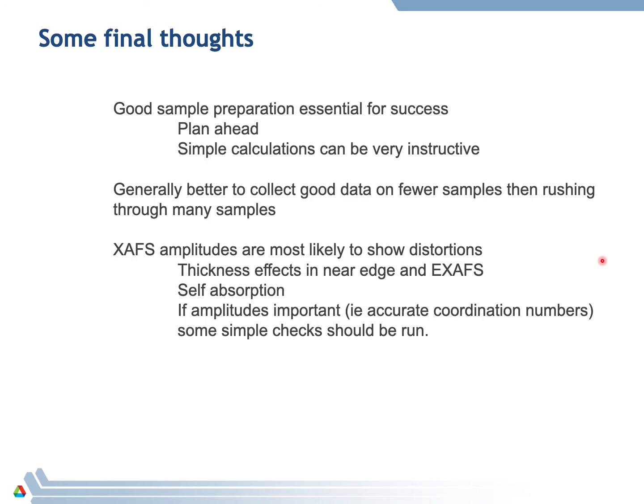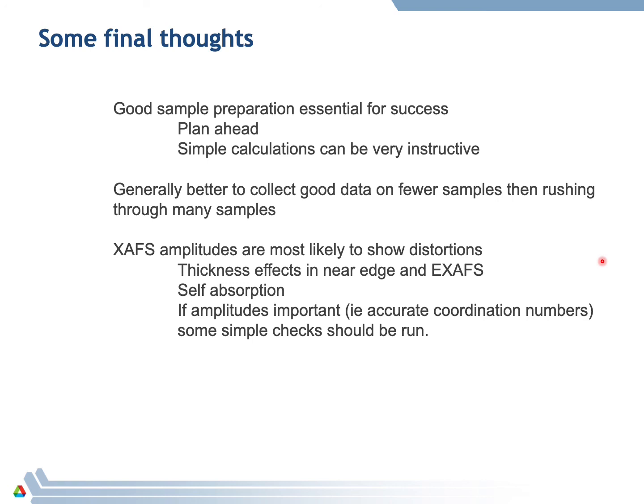That can turn out to be difficult to analyze and interpret. So it's good practice, if possible, to make sure you get good data before you move on to the next sample.